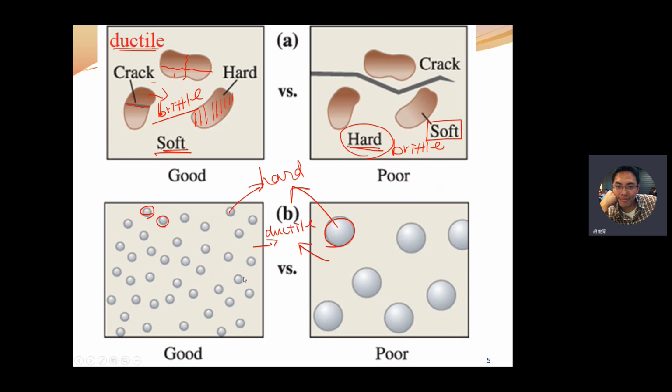What's the mechanism? Can you explain the effect of the dispersed phase size?